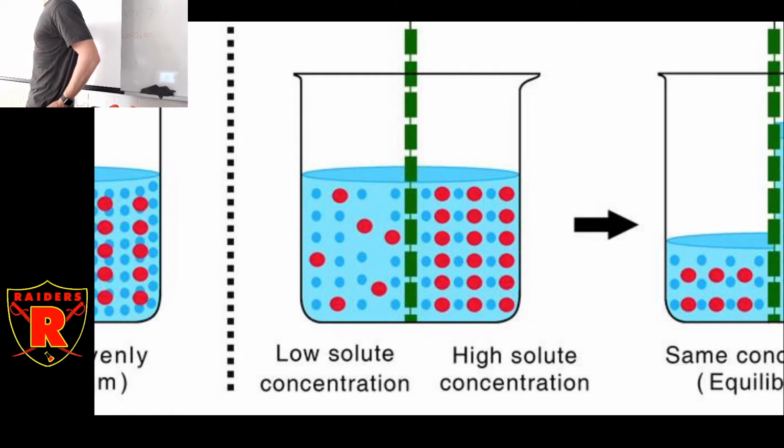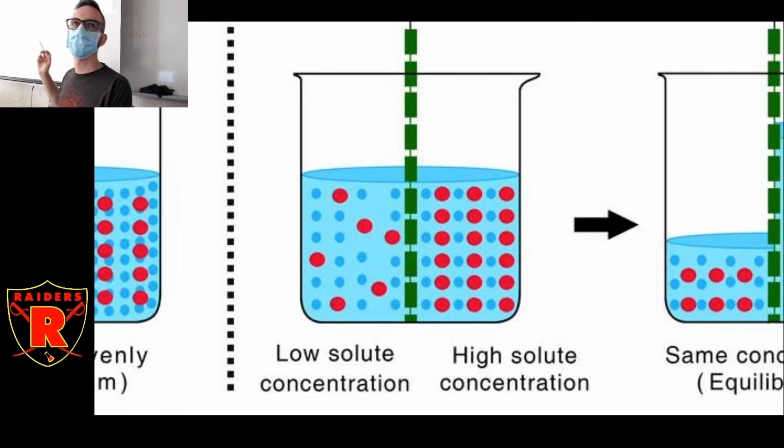In this case, if the solute could move across the membrane, like the red parts here could go across, what would happen to this solution because of diffusion? It would even out, right? Some of these red ones would just go through the membrane, and then it would balance so that you had the same number of red ones on each side.